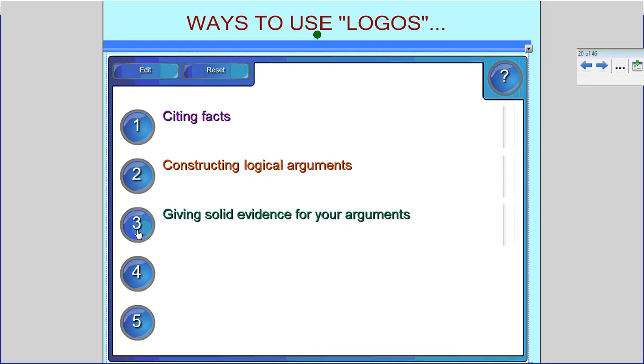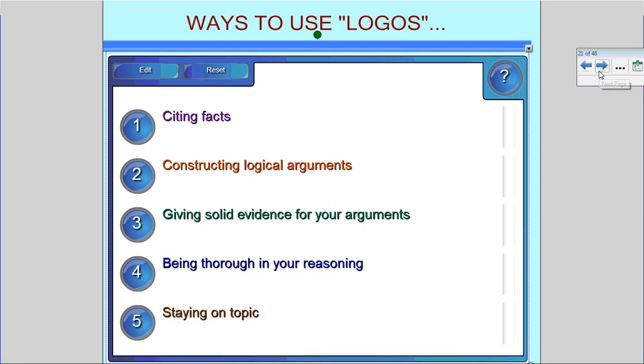Also, give solid evidence for your argument, making sure that it's the best evidence out there. Also, be thorough in your reasoning. So when we're looking at these warrants or these responses, they now need to be more than one sentence. You should at least have 2 to 3 sentences for every warrant. And then also make sure that you stay on topic, that you are focused with whatever that reason is with that body paragraph and your evidence, and that you're not veering off and talking about something different.